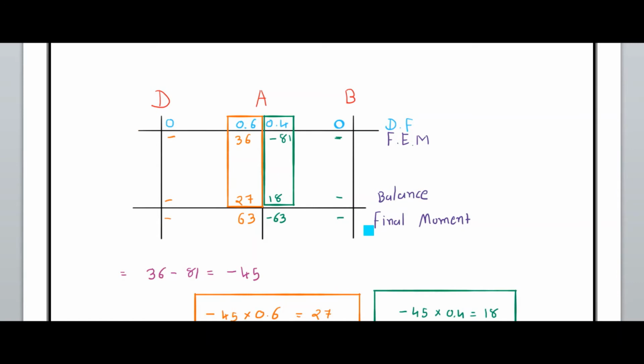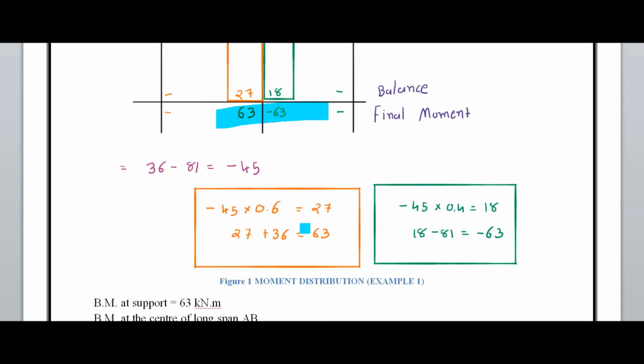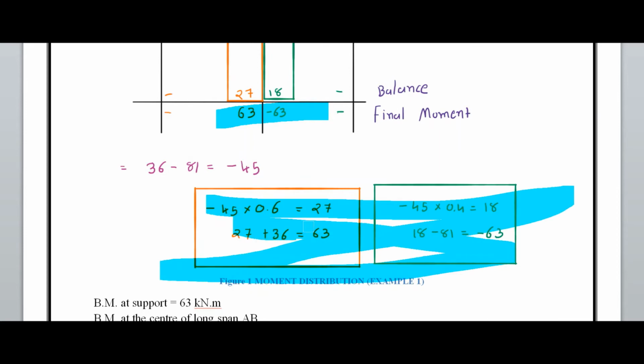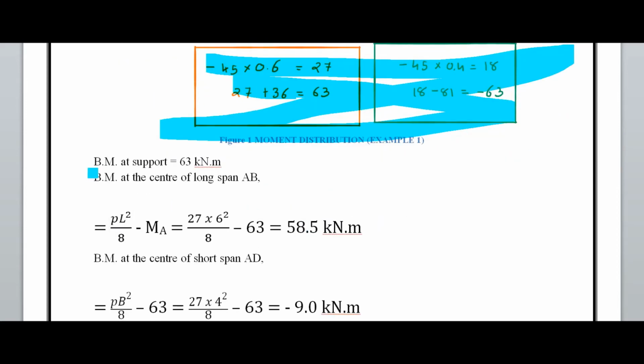Now we have the moment distribution method. I hope you know how to distribute this moment. So 63 is the final moment. Here is the calculation. So the bending moment at the support is 63, and the bending moment at the center of the long span we find by this equation: PL square by 8 minus M A. PL square by 8 is the fixed end moment.